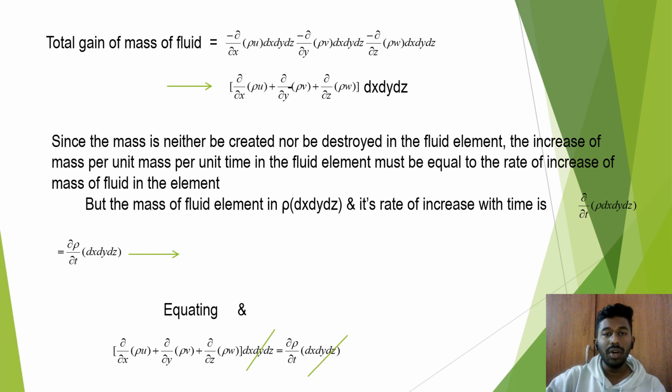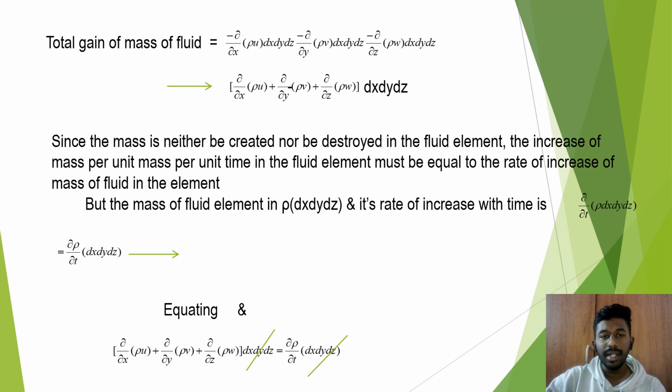Now after simplification we can take out dx dy dz common, which leaves us del by del x of rho u plus del by del y of rho v plus del by del z of rho w. Now since mass is neither created nor destroyed in a fluid element, the increase of mass per unit time in the fluid must be equal to the increase of mass in the fluid element.